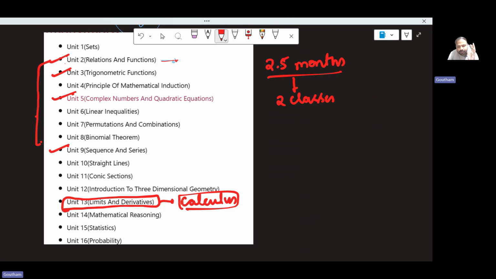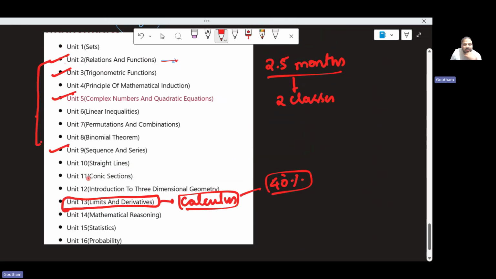Understanding takes time, but once you get hands on with it, that chapter can give you a lot of rewards. In JEE almost 40% of the questions come directly from calculus. They ask in such a way that it is mixed with trigonometry and sequence and series, so you need to know the entire calculus part.